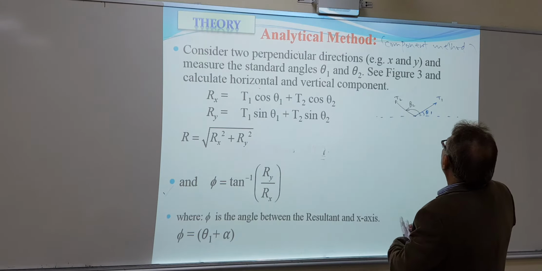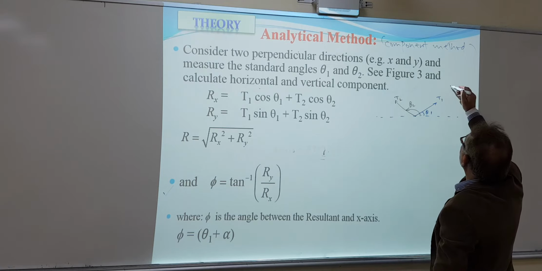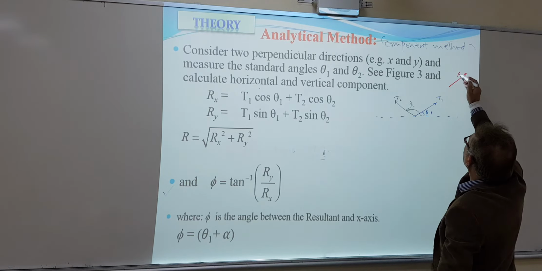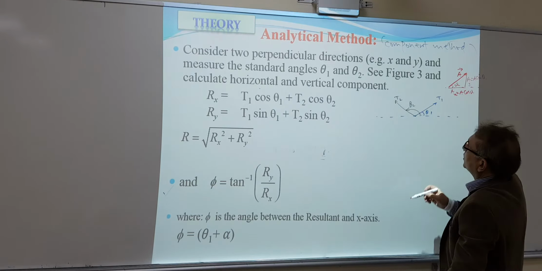You have done in chapter 3 that whenever you have any vector A making some angle theta with the x-axis, the x component is A cosine theta, and A y is A sine theta.